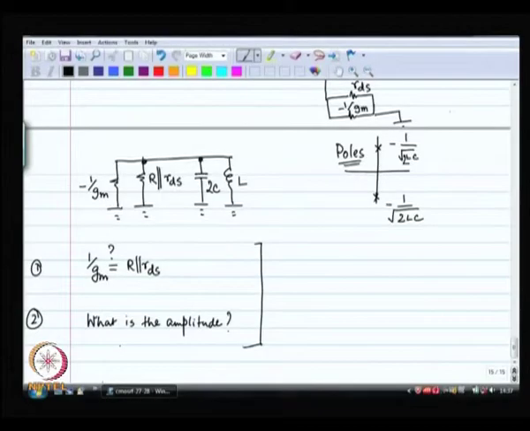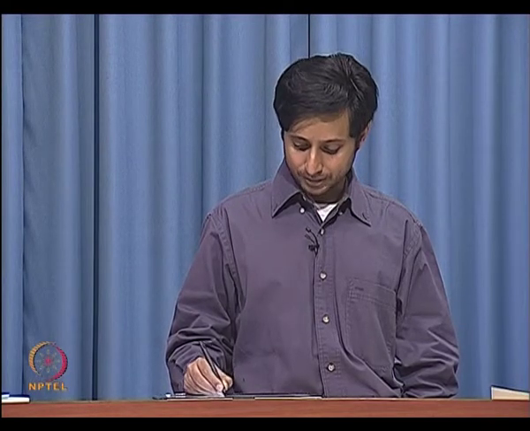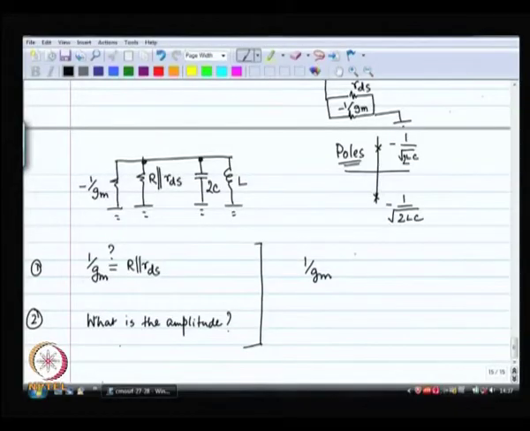So, the next thought is as follows: what happens if 1 by Gm is not just equal to R parallel RDS, 1 by Gm is this, less than R parallel RDS.